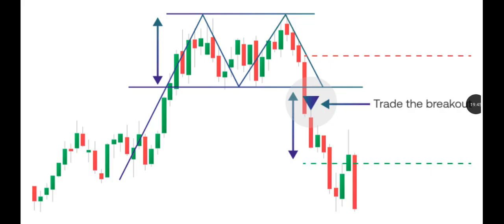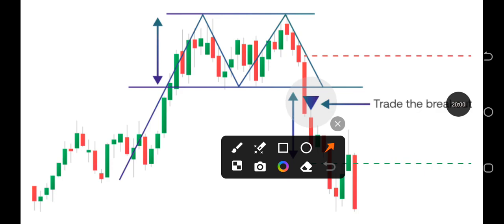This pattern is what we call a double top pattern. When we talk about double tops, in this scenario you can see our level of resistance above here. That is the level of resistance.